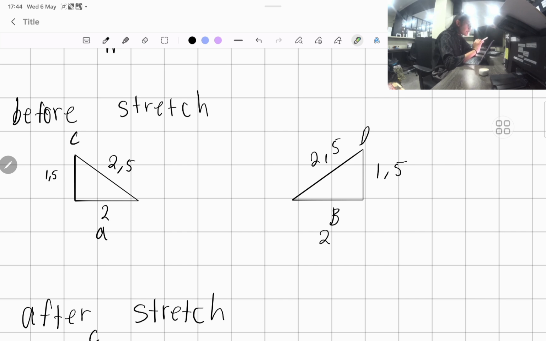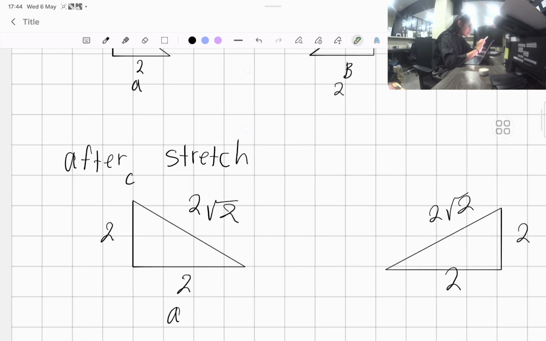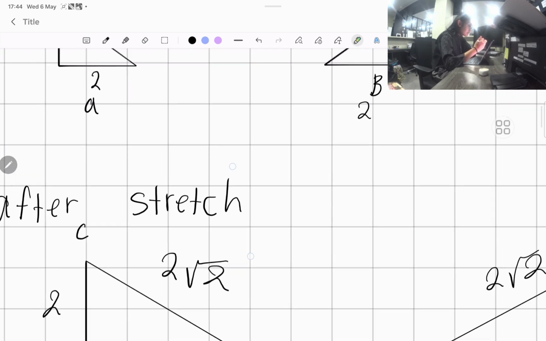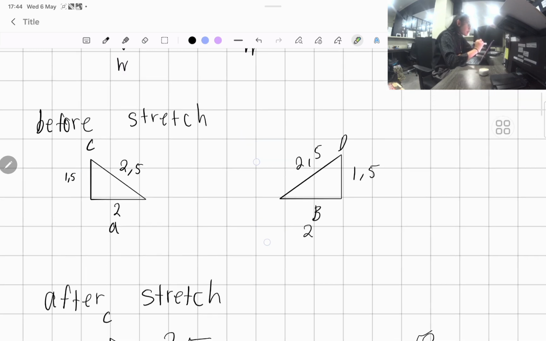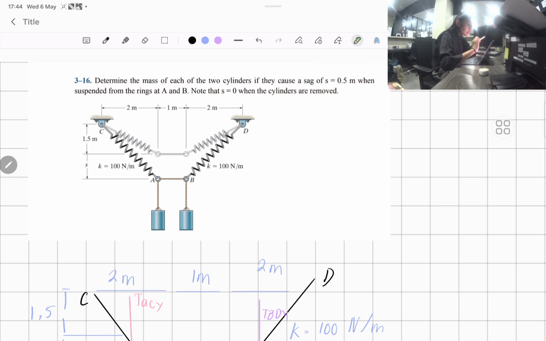After we have already searched for the initial length, let's move on to after the stretch. The initial height was 1.5, and we already knew from the problem that the sag is 0.5 meters.